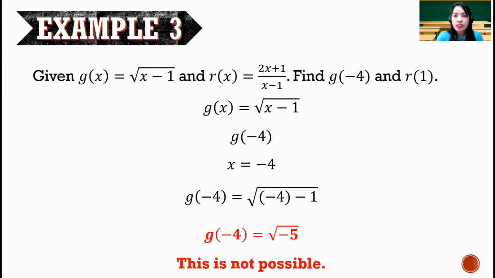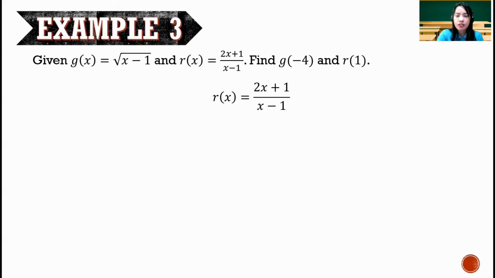What about r of x, where the value of x is 1? Here, we take note of the function r of x, and from the second sentence, we have r of 1, meaning the value of x, the number inside the parentheses, is 1. So x is equal to 1.